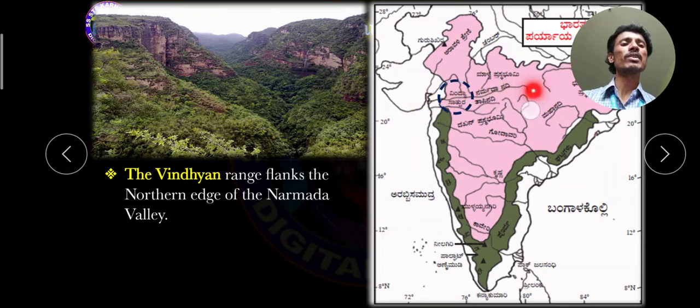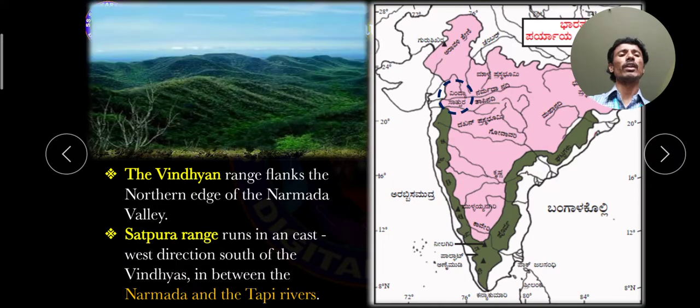Then the Satpura range, south of the Vindhyas, lies between the Narmada and Tapi rivers. So the Vindhyan ranges are found along the northern edge of the Narmada river, and the Satpura range is found between the Narmada and the Tapi rivers.